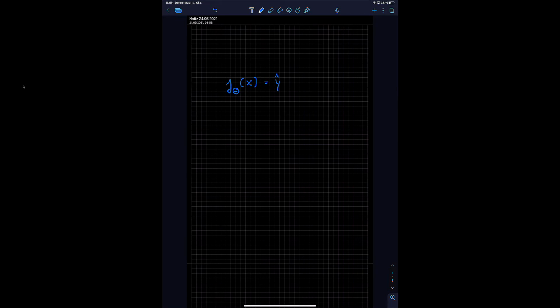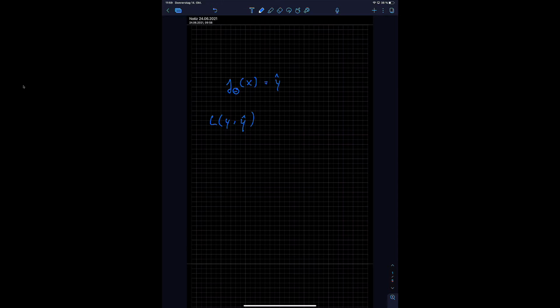And then we will have a loss function which compares the actual realization of the target variable y and its prediction. And the loss function is a feedback, so the better the estimate for y hat, so usually the closer it is to its target realization, the lower the value.